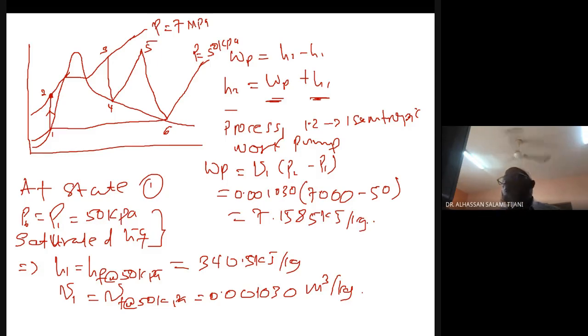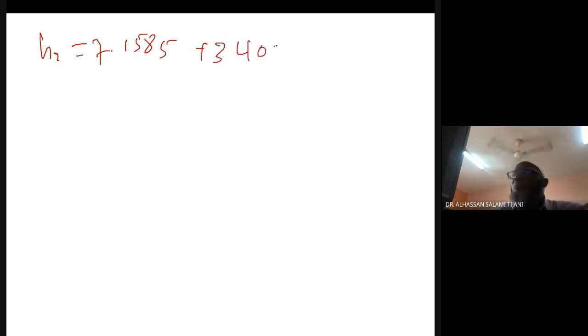So if you know W pump now, you can easily find H2. H2, which is state 2, equals W pump, which is 7.1585, plus H1, 340.54.